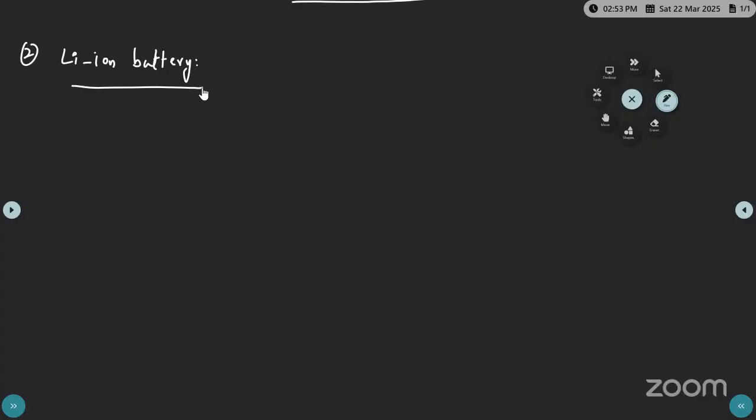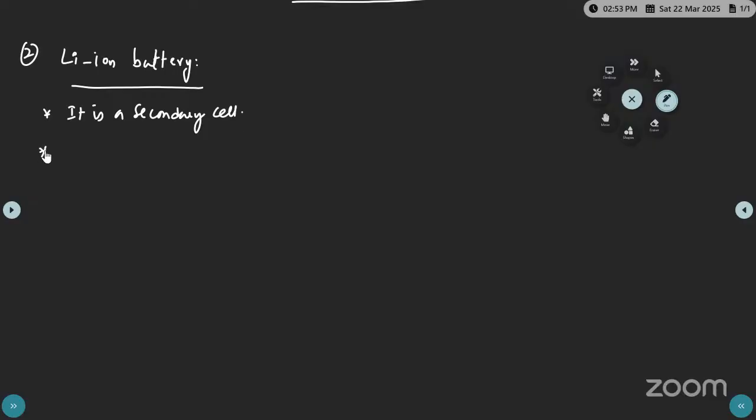It is a secondary cell. A secondary cell means it is a rechargeable cell, which is used in our mobiles. లో యూజ్ చేసే బ్యాటరీ ఇదే, దీని గురించి నేర్చుకోండి. So it is a secondary cell.